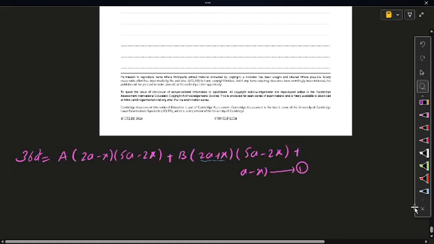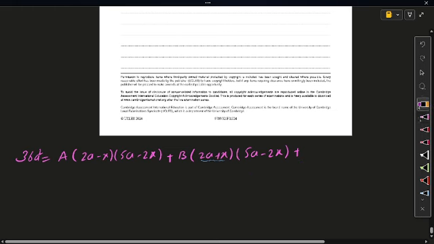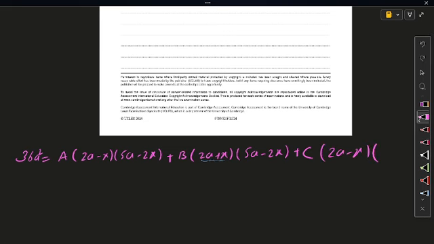So 36a square is a times 2a minus x times 5a minus 2x, plus b times 2a plus x and 5a minus 2x, plus here was some c, let me do here, plus c times 2a minus x times 2a plus x.